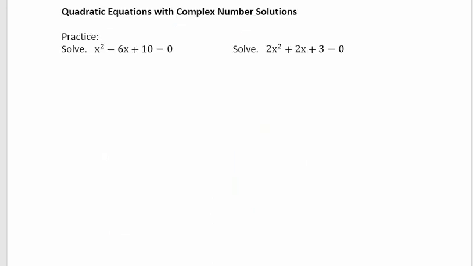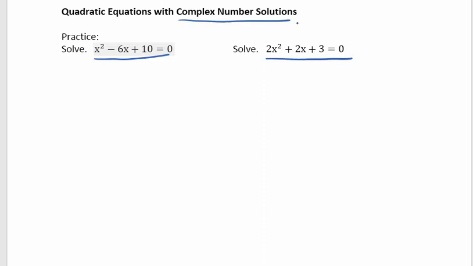Okay. So I have a couple practice questions here for you, and notice we have a quadratic equation in both of these. So we would potentially use factoring to solve these, or the quadratic formula. I can tell you that I picked them out specifically so that we would have to use the quadratic formula here, and even more specifically, so that we're going to get complex number solutions.